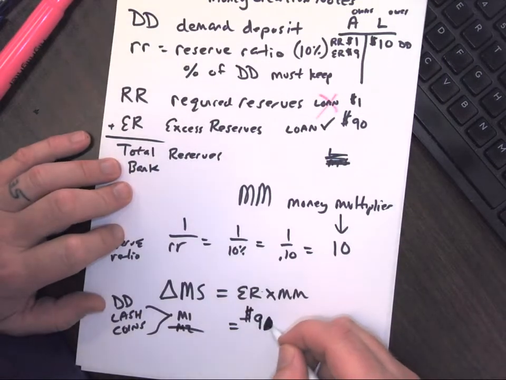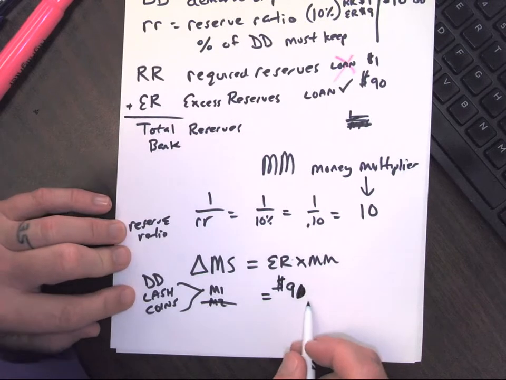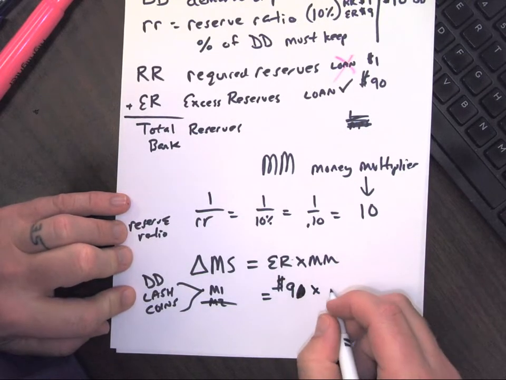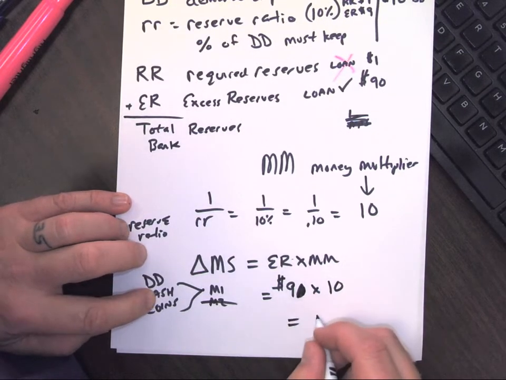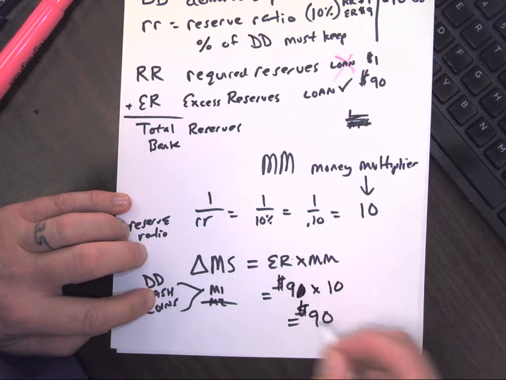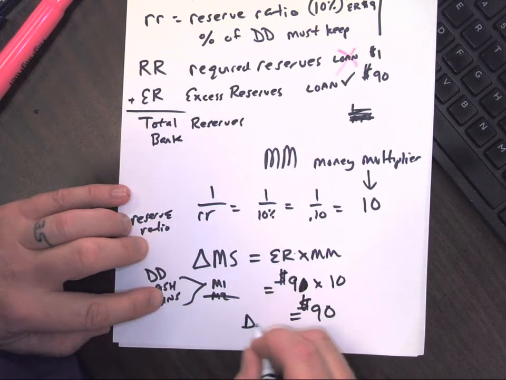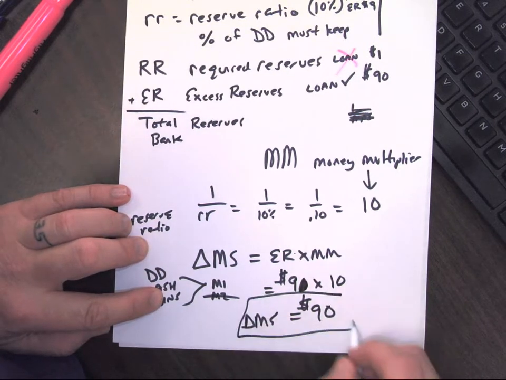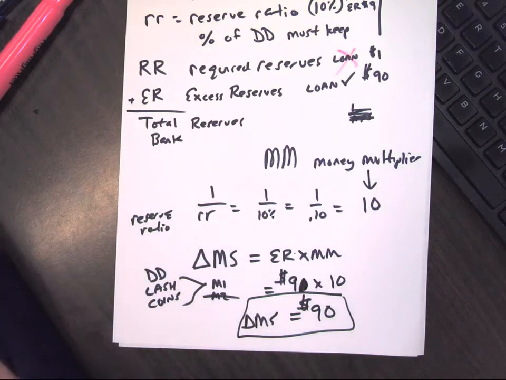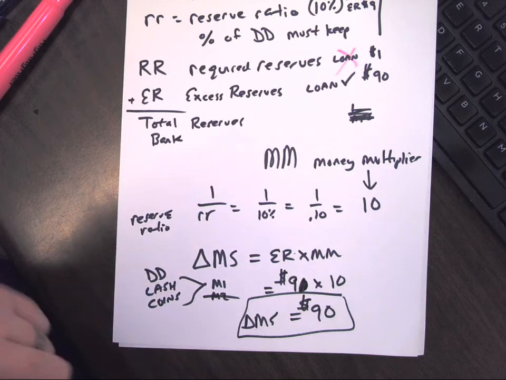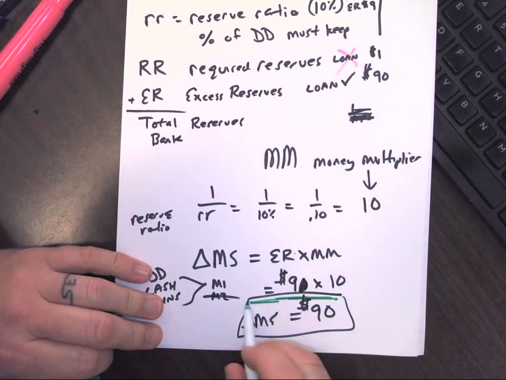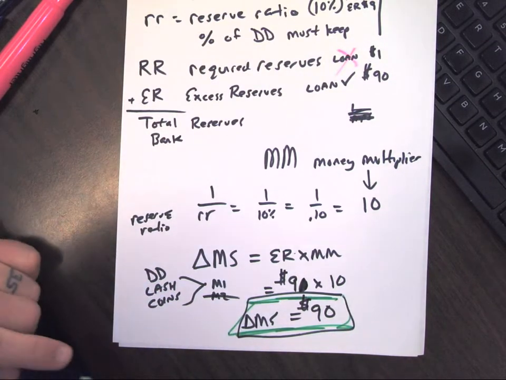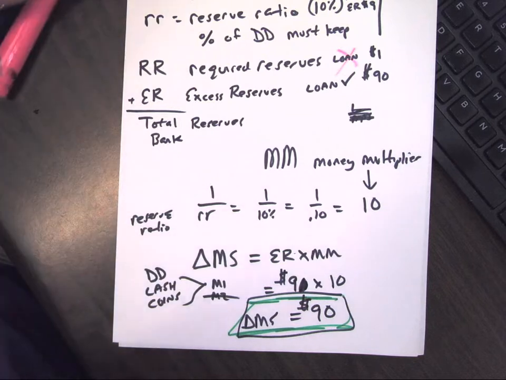But let's just keep it at 9, sorry. All right, so it's equal to 9 times what? Our money multiplier of 10. So that's going to be $90. So our change in the money supply is going to be $90. Our bank created that. They made it out of nothing. Look at that. We created $90 from this 10.